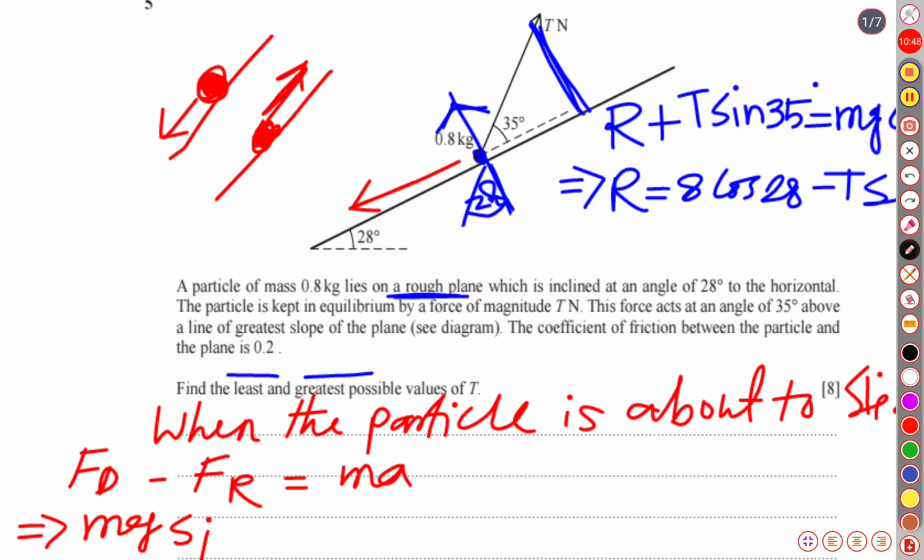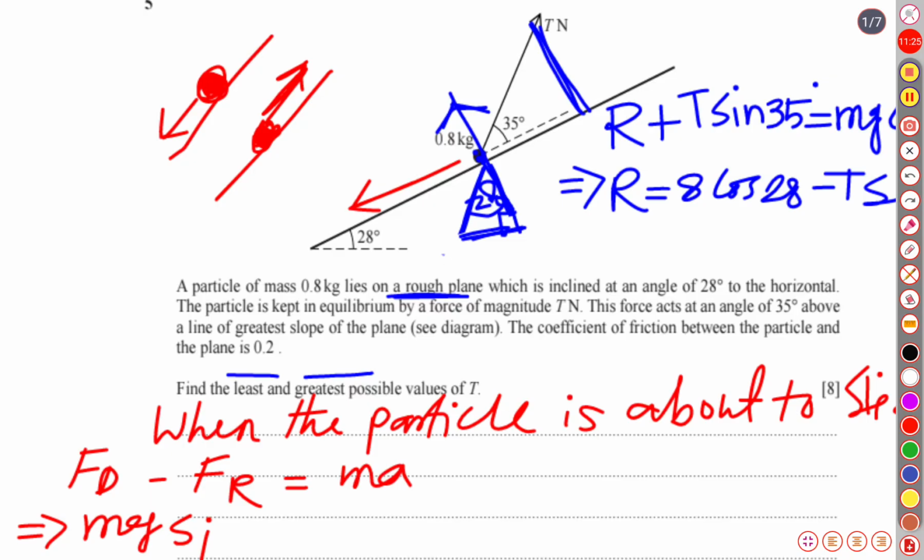This is the way the particle may slide down, and weight is causing this. So our 90 degrees is over here. Let me erase once again. Yes, so this is our 90 degrees.